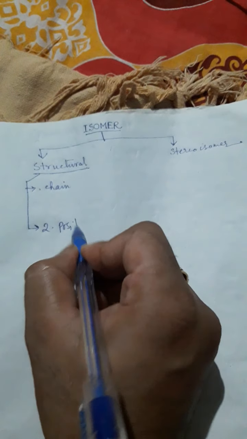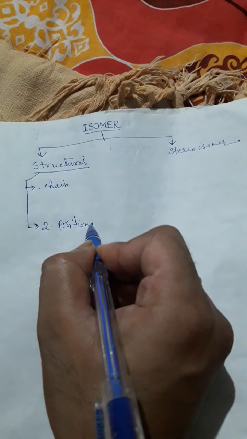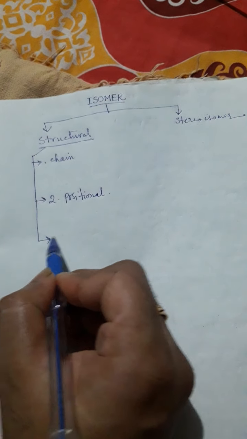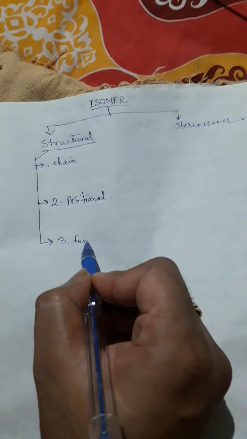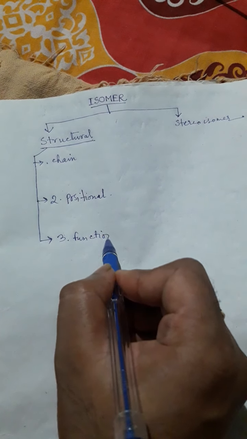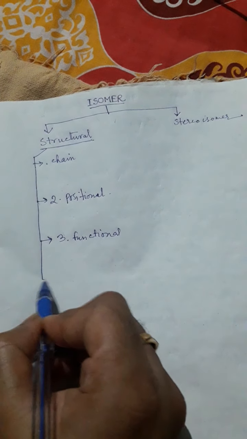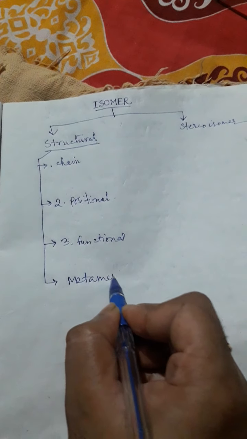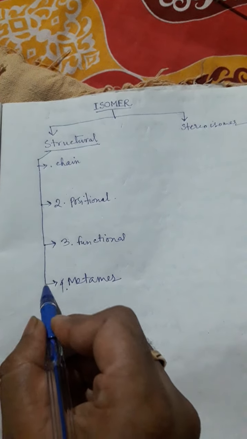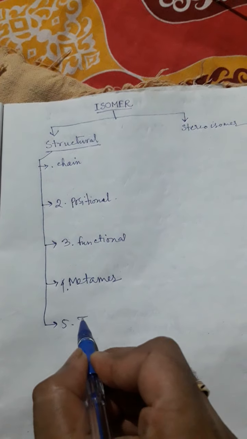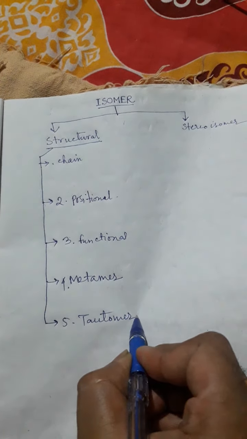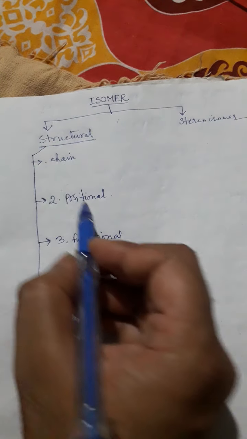Positional isomer. 3. Functional isomer. 4. Metamer. And 5. Tautomer. Okay, so let us discuss one by one.